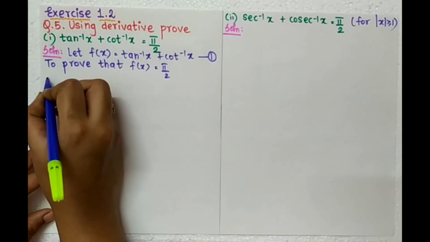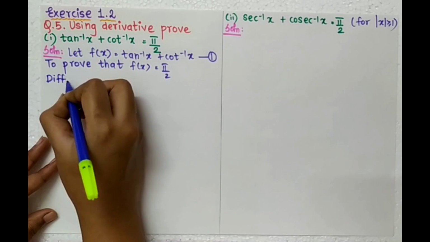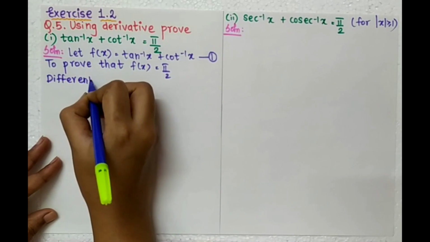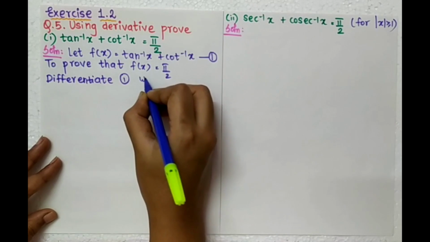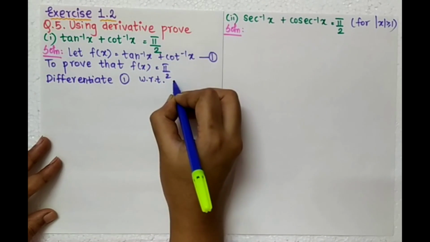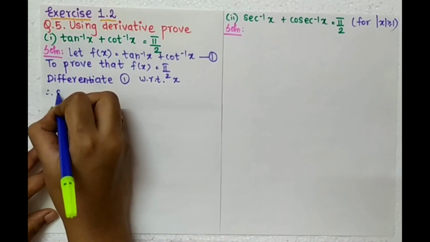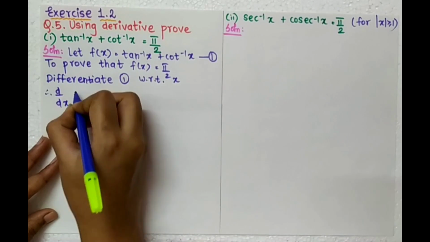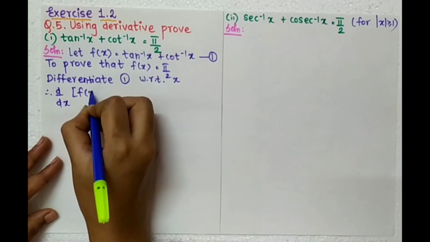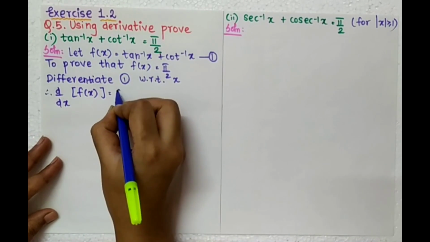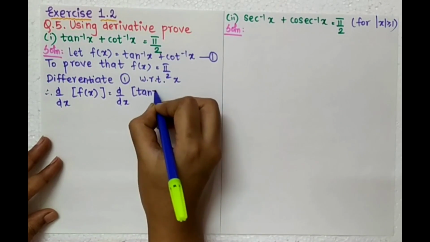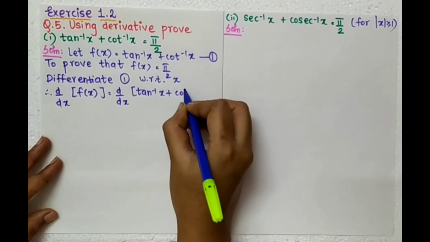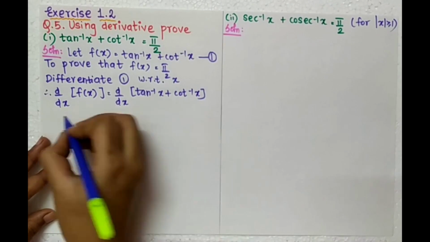So now the third step is to differentiate equation 1 with respect to x. Therefore, d by dx of f of x is equal to d by dx of tan inverse x plus cot inverse x.